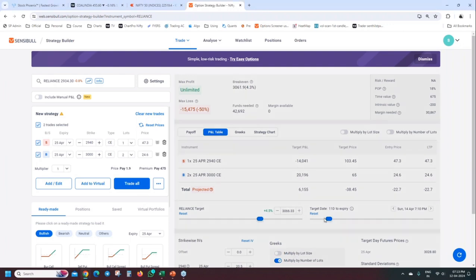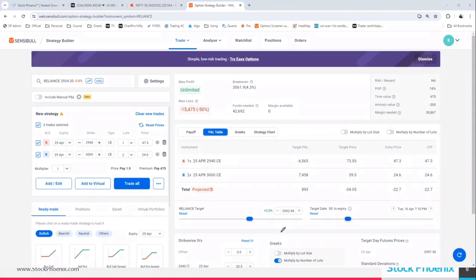If it is giving exponential movement, 4-5%, you make a very big profit because the profit is unlimited here. Now let's say the stock is giving only 2 to 3% movement, but days are going. What will happen?